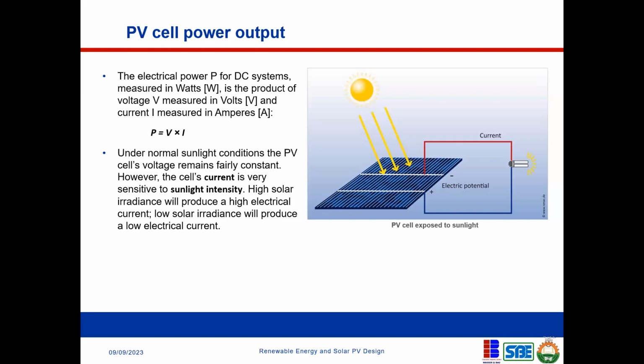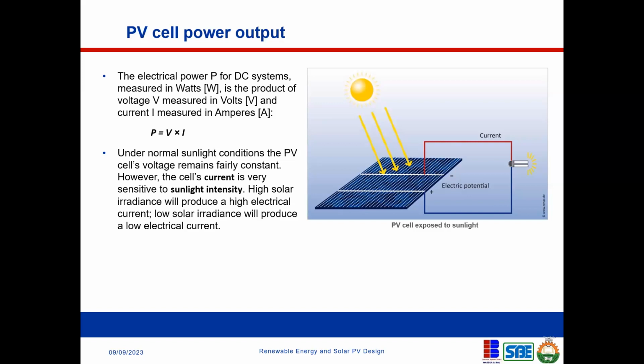Under normal sunlight conditions, the PV cell's voltage remains fairly constant. When the sun comes out in the morning and begins to shine on the PV panel, the voltage remains almost constant. In some cases, you might see a voltage of 35 or 36 volts, but it remains constant. What actually changes, when your PV panel is not producing much electricity or at some point is producing more, is the current.